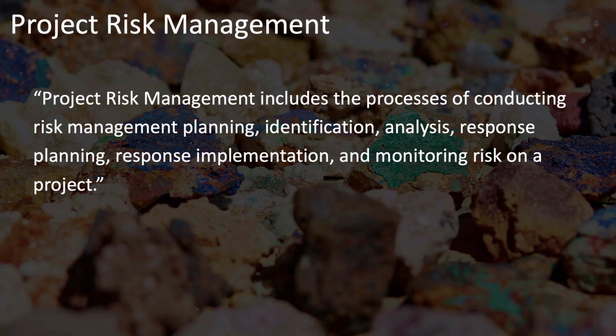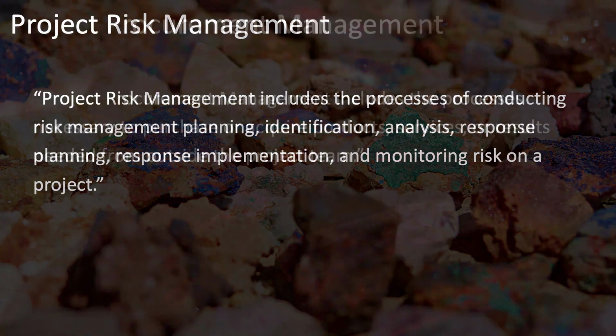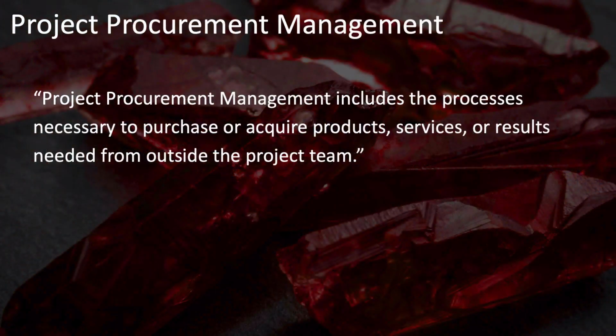Risk is something that we actively manage. Project procurement management includes the processes necessary to purchase or acquire products, services, or results needed from outside the project team. This is about working with outside vendors or sellers to get parts of the project or all of the project done.